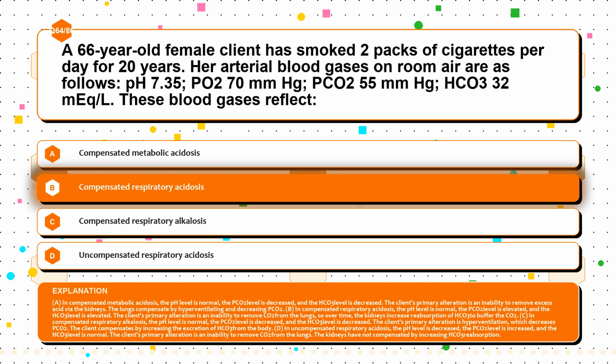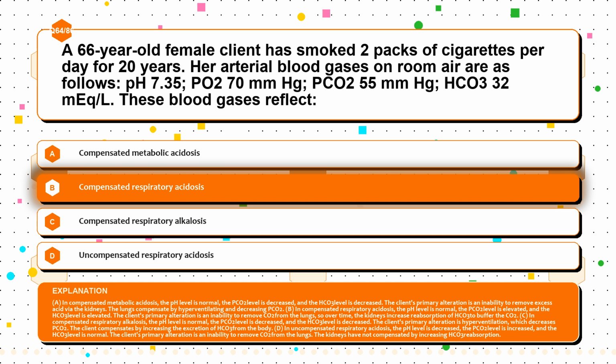The lungs compensate by hyperventilating and decreasing PCO2. In compensated respiratory acidosis, the pH level is normal, the PCO2 level is elevated, and the HCO3 level is elevated. The client's primary alteration is an inability to remove CO2 from the lungs, so over time, the kidneys increase reabsorption of HCO3 to buffer the CO2.